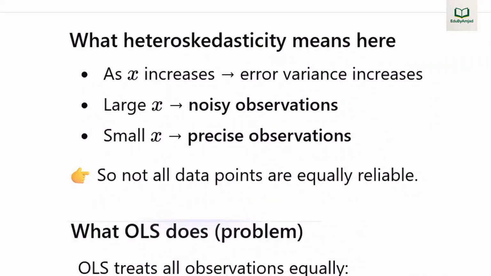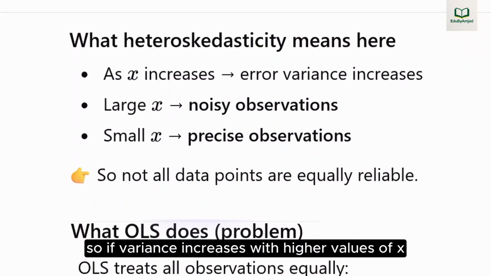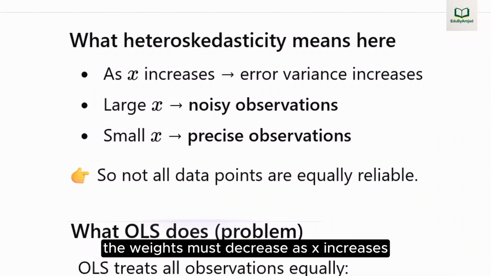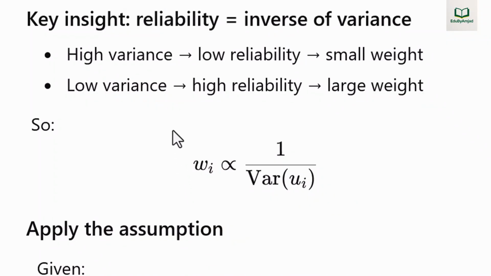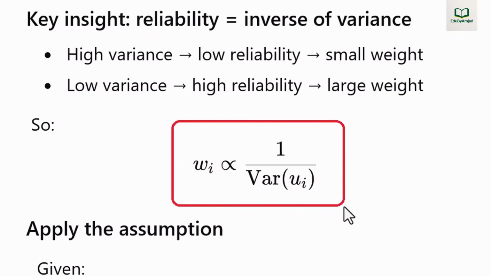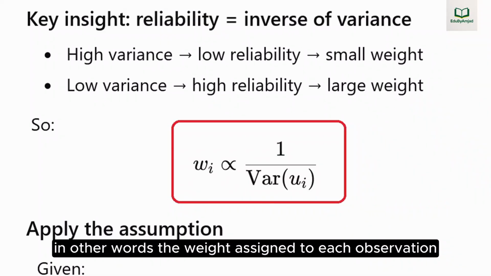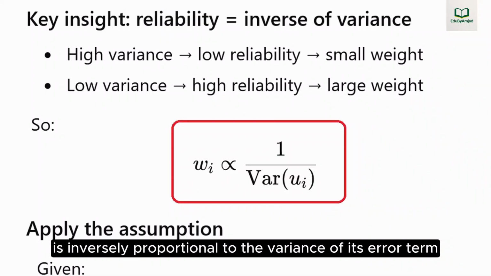So, if variance increases with higher values of x, the weights must decrease as x increases. In other words, the weight assigned to each observation is inversely proportional to the variance of its error term.